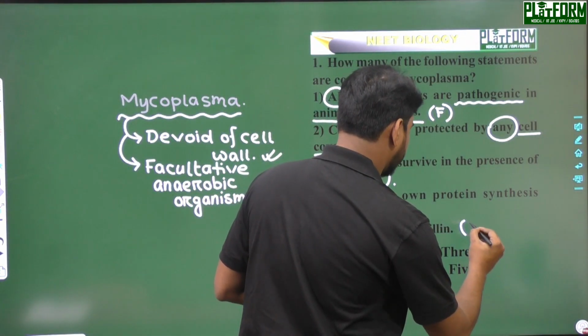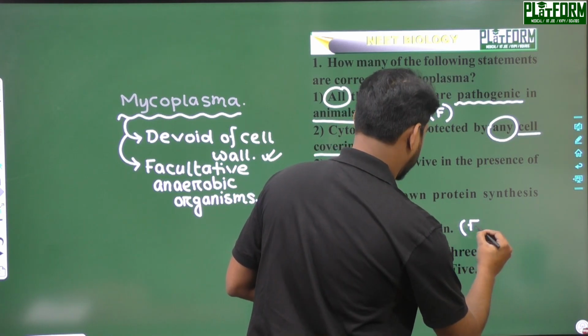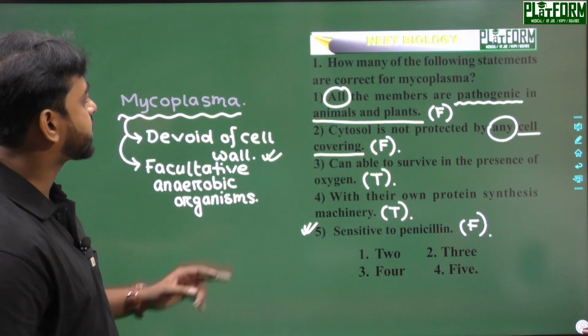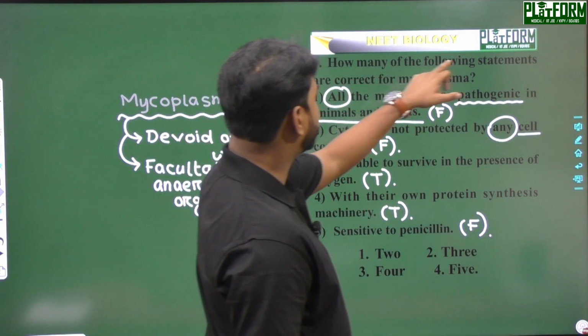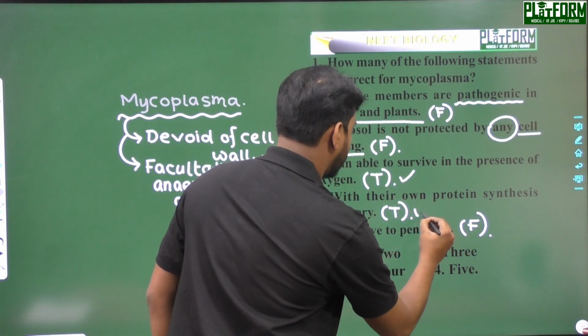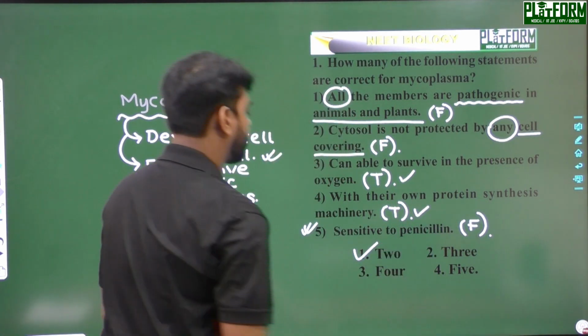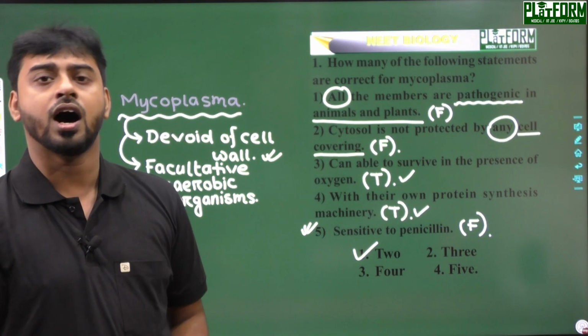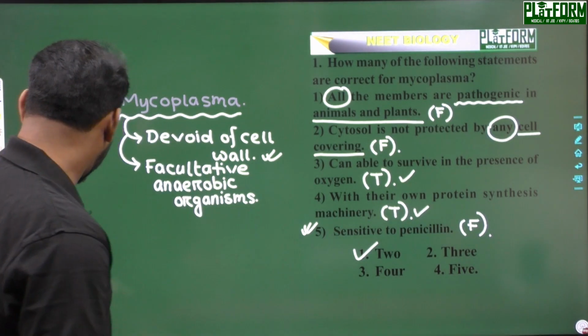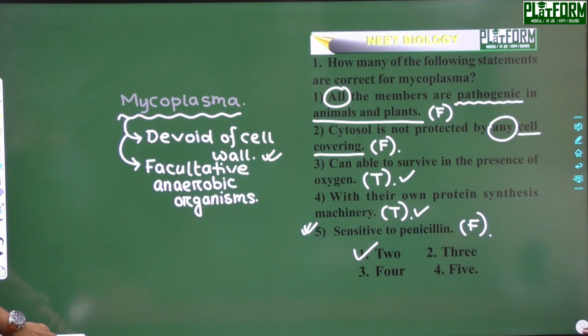That means it is also a false statement. So in this question, it is asked how many of the following statements are correct. So statements 3 and 4 are correct. So the correct answer is that 2 statements are correct. Clear? So just move on to our next question.